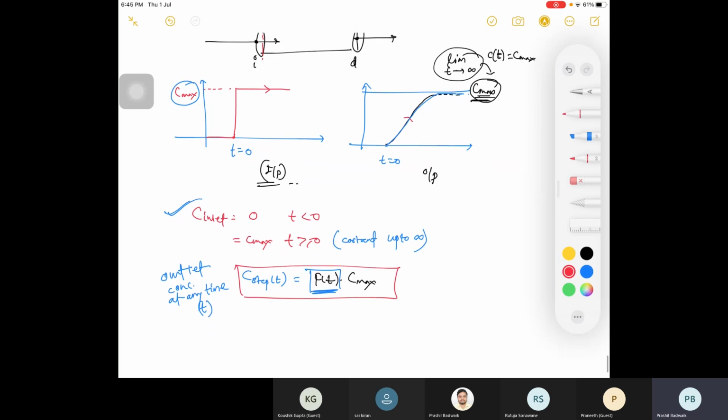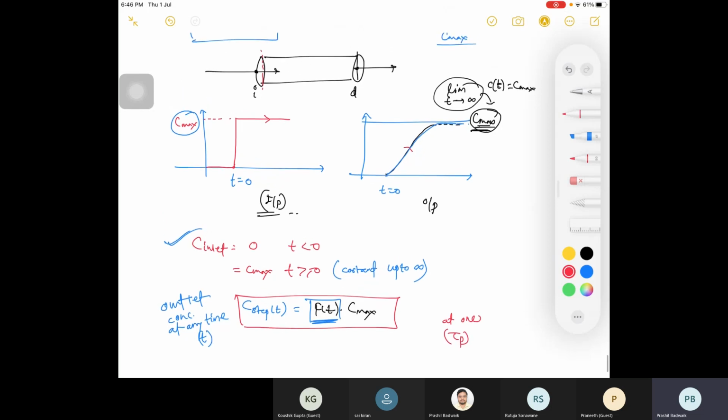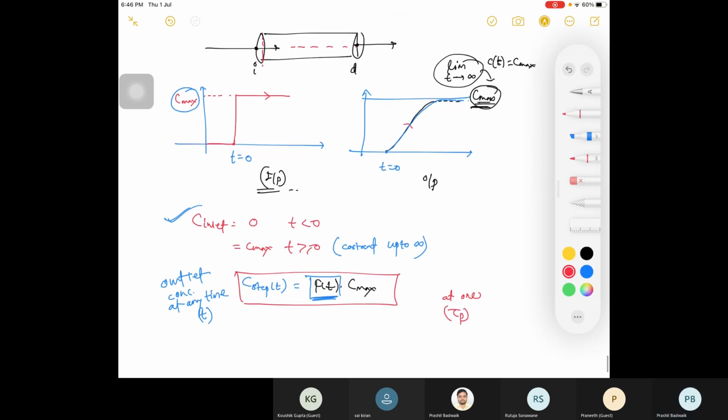And one thing we will learn in process dynamics and control: at 1 tau p, according to the ideal case, when particles pass through this reactor or any CSTR, all particles should come out at time tau p, right? That is your average or mean time, but it is not coming.